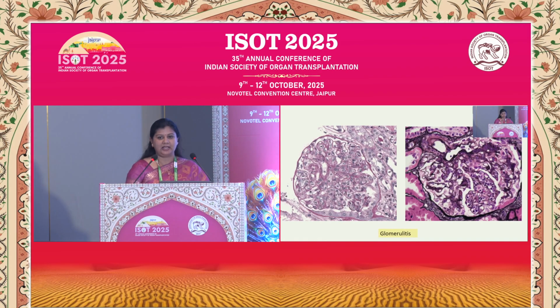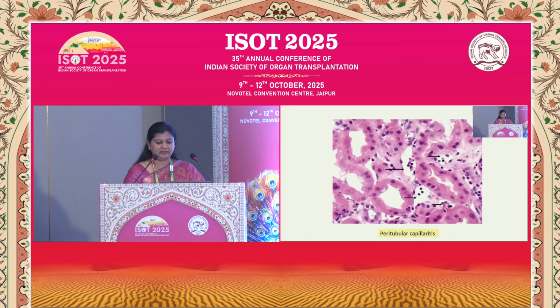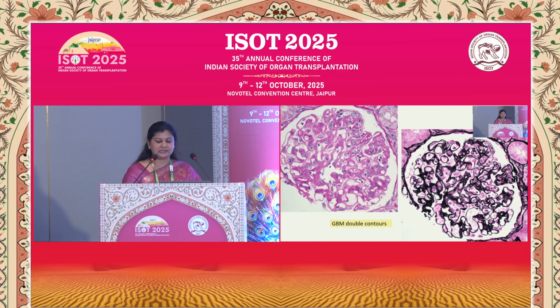In these cases also, they are characterized by the cardinal features of microvascular injury and so on. For example, the better known term glomerulitis, as we can see here, the neutrophils infiltrating the glomerular capillary loops, which can be better appreciated here in the Jones stain. Also, we have the cardinal finding of peritubular capillaritis. And in chronic cases, the biopsy may show features of transplant glomerulopathy.